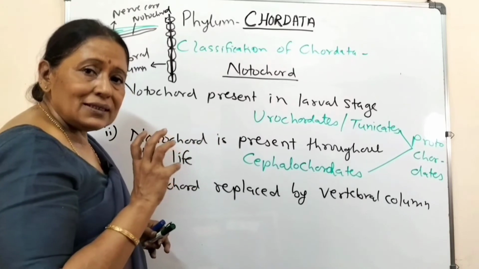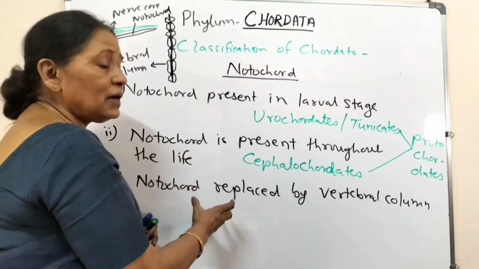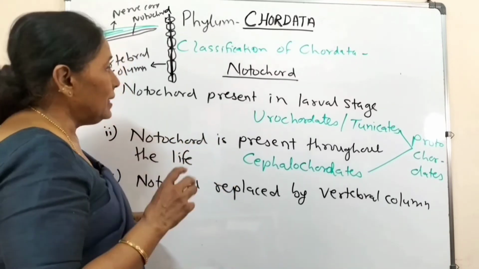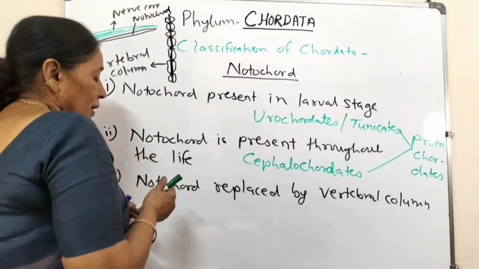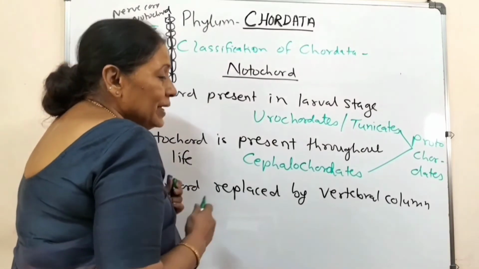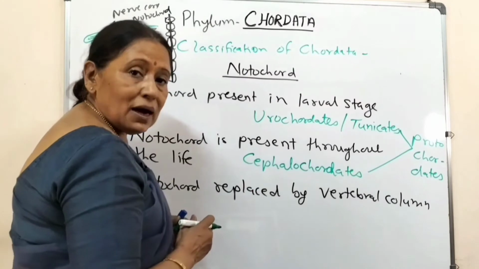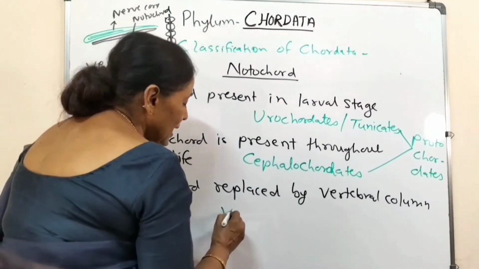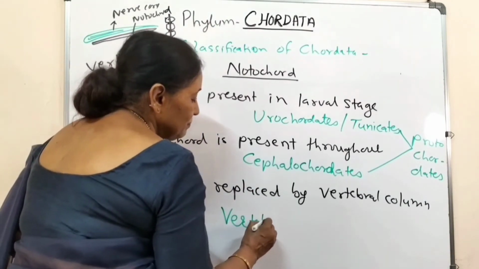The cranium protects the brain, and the vertebral column protects the spinal cord. In these organisms where the notochord is replaced by vertebral column, they are called vertebrates.